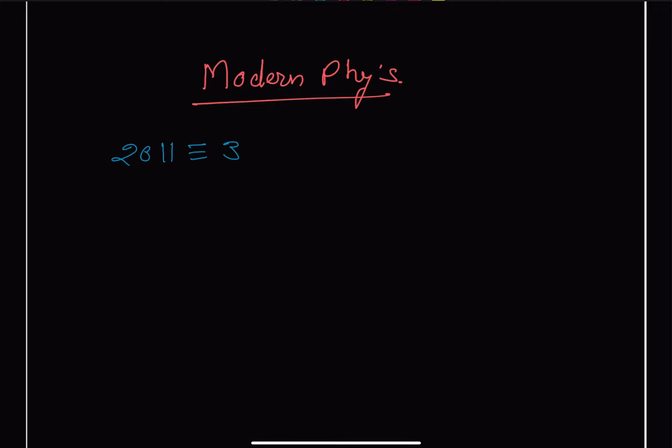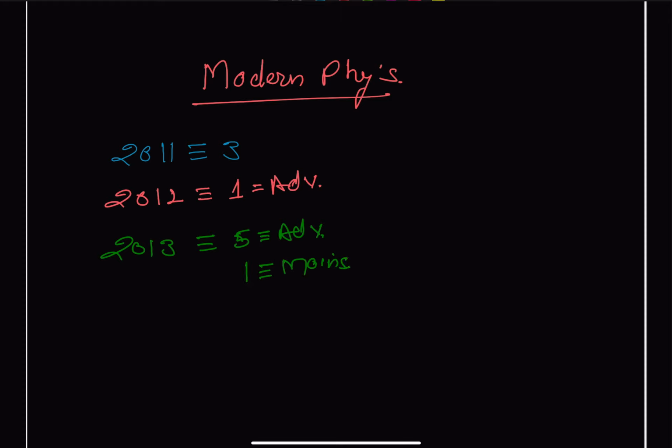From year 2012 there is one question, and this question is from the advanced, and from 2013 we are going to solve total 6 questions. Out of these 6 questions, 5 are from advanced and 1 is from mains. So in total we are going to solve 10 questions.